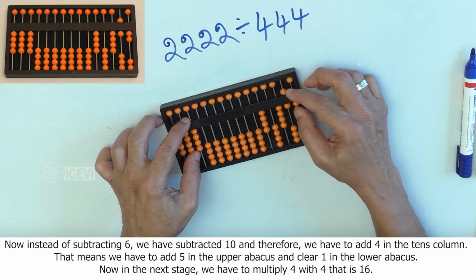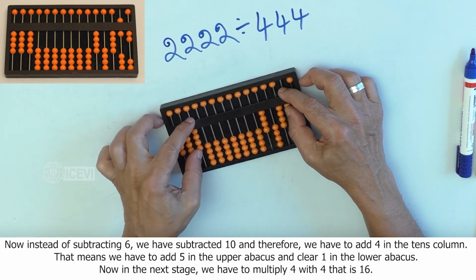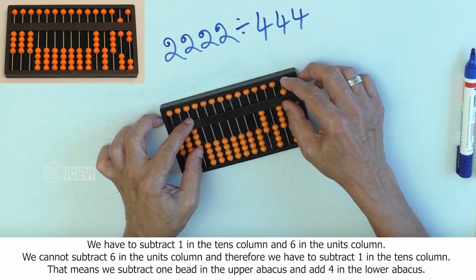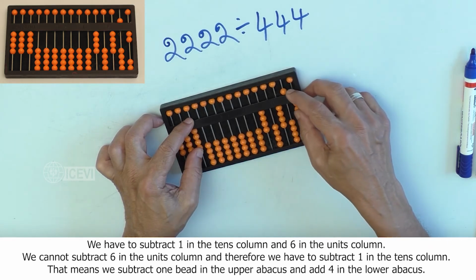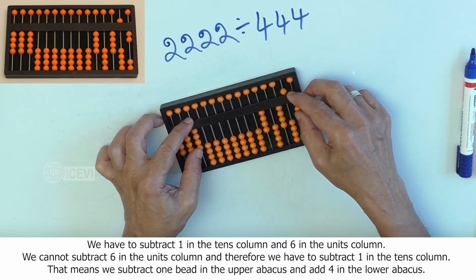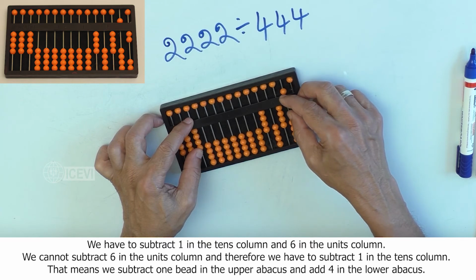Now, in the next stage, we have to multiply 4 with 4, that is 16. We have to subtract 1 in the tens column and we have to subtract 6 in the units column. We cannot subtract 6 in the units column, and therefore we have to subtract 1 in the tens column.